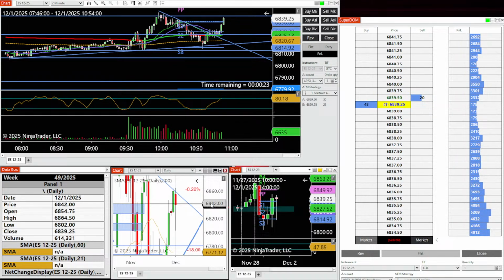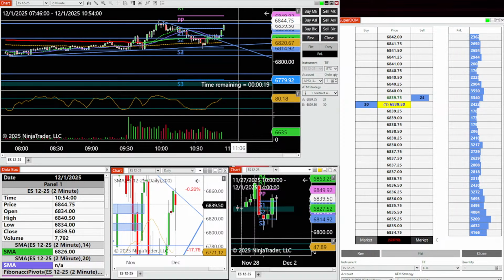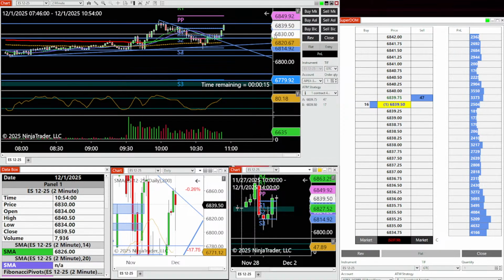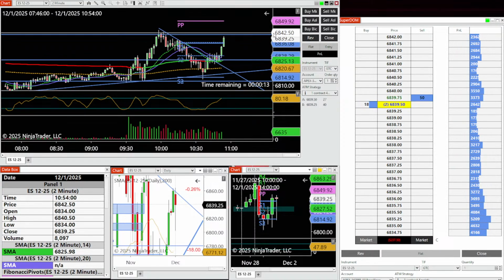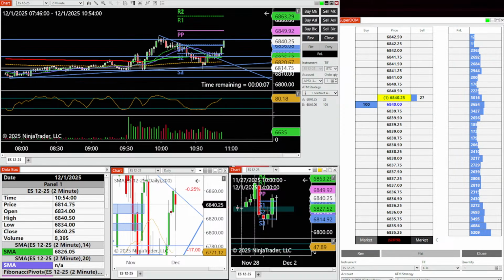Let's see if it makes higher lows, I mean higher highs. We dipped below this trend line a little bit, broke out here.